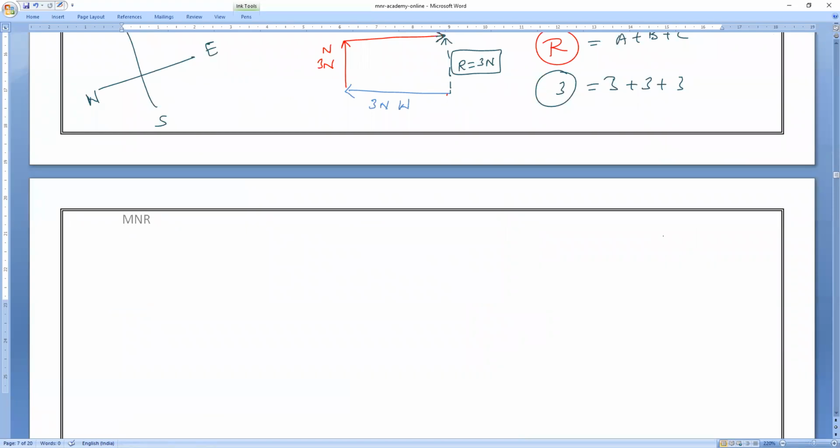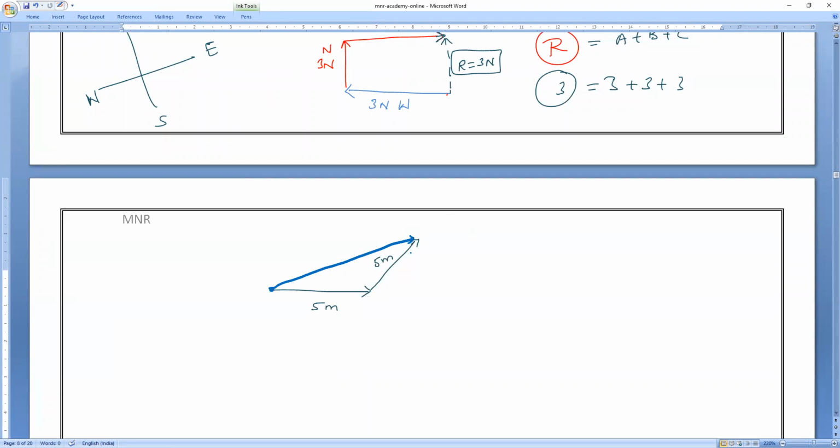Okay. Now for example, I will give you one vector of 5 meters. The second vector I am joining at the head of the first vector, and it is also 5 meters. Now I want to find the resultant vector. We all know: join the tail of the first vector and the head of the last vector.